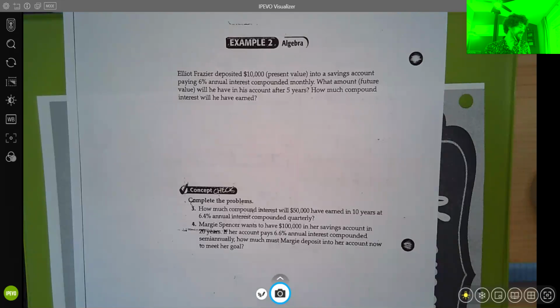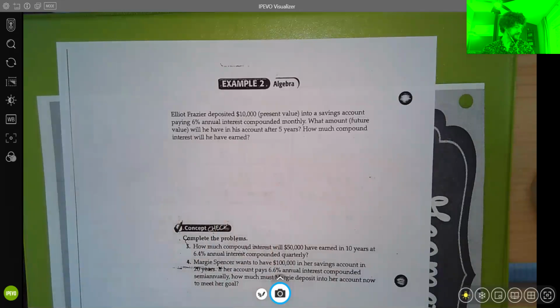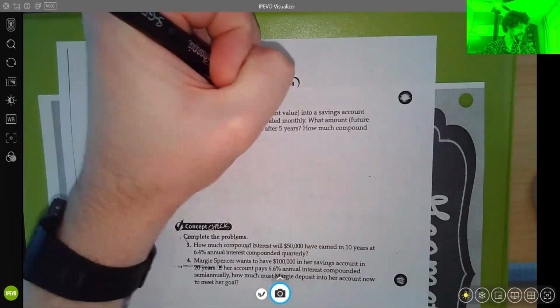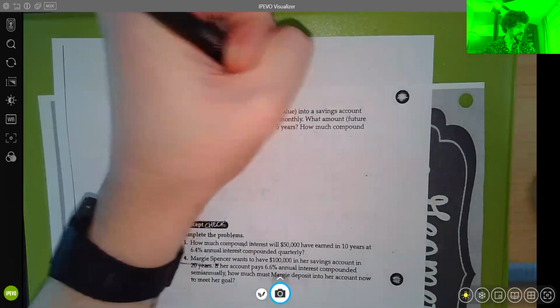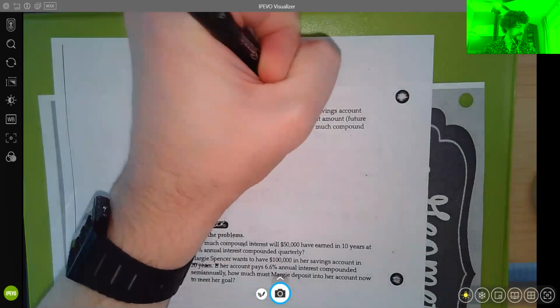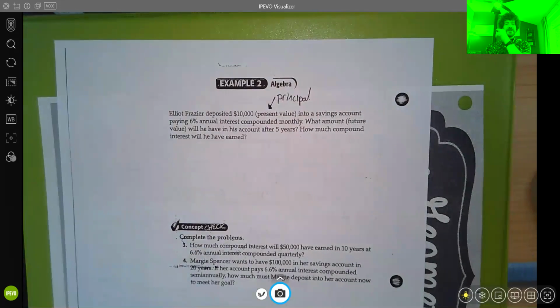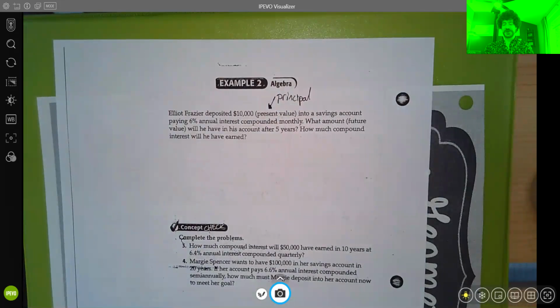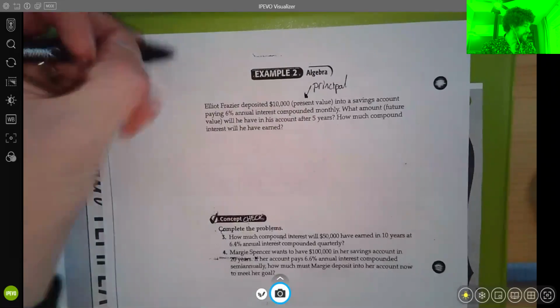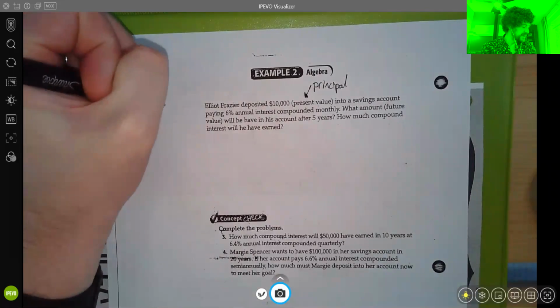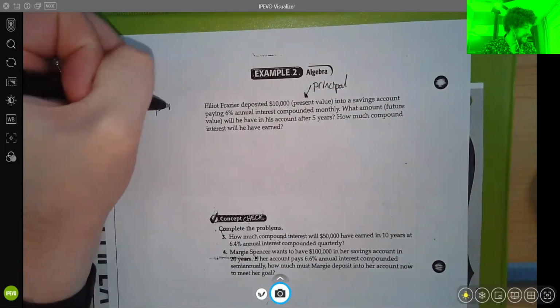Example 2. Elliot Frazier deposited $10,000 into a savings account, paying 6% annual interest compounded monthly. Now, present value is the same thing as principal value, principal amount, or original amount. There's a lot of different terms that we use for the same things when it comes to finance. So principal, present value, original amount, whatever you want to call it, 10,000.